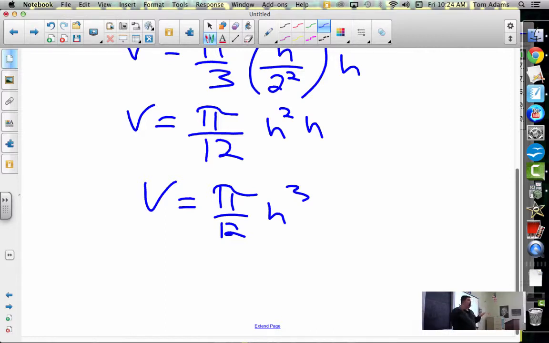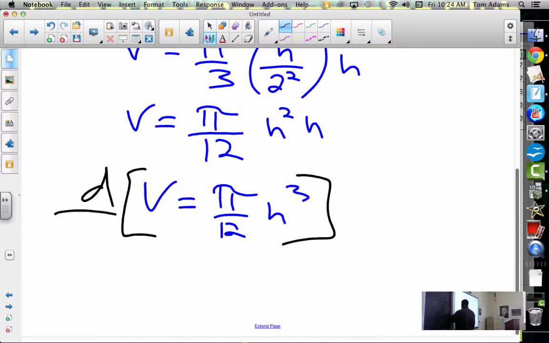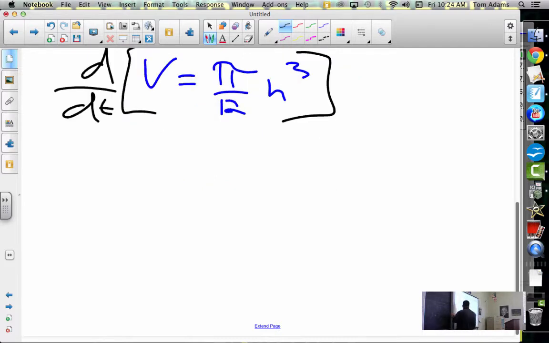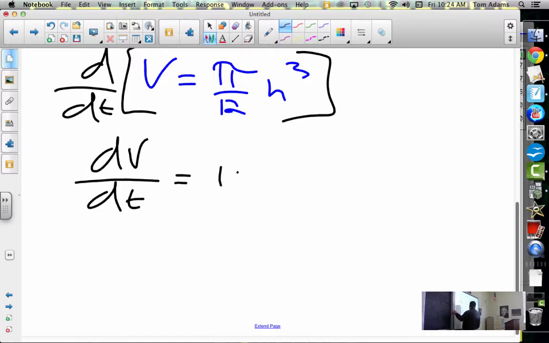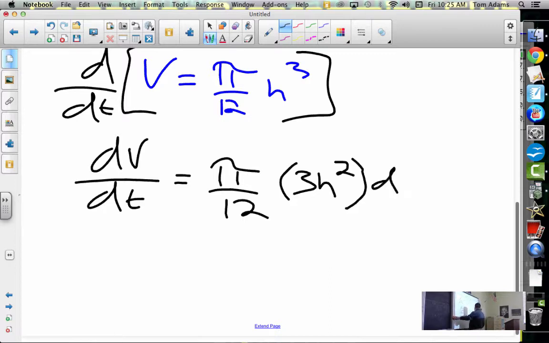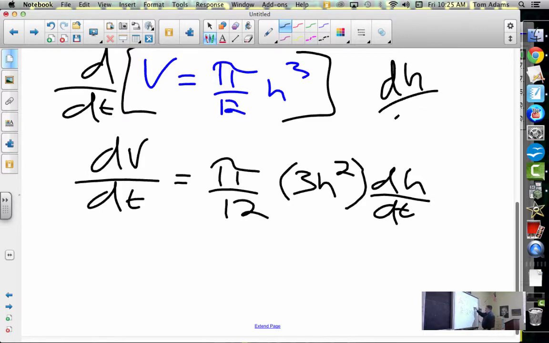Remember, we're comparing the change in volume with respect to time to the change in height with respect to time. So I just need to take the derivative of this whole thing with respect to time. So I get dV/dt is equal to pi over 12 times 3h squared dh/dt. And remember, what we're looking for is dh/dt. That's what we want to know.